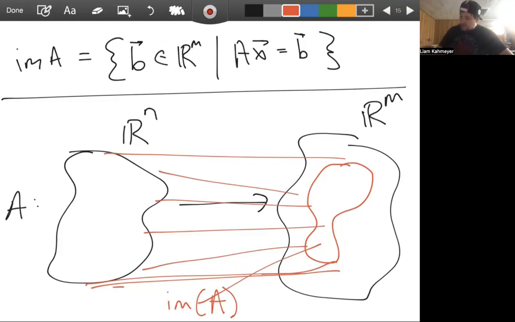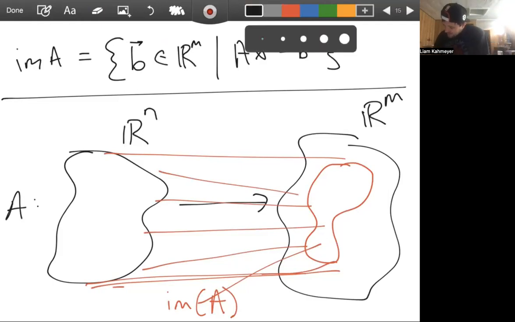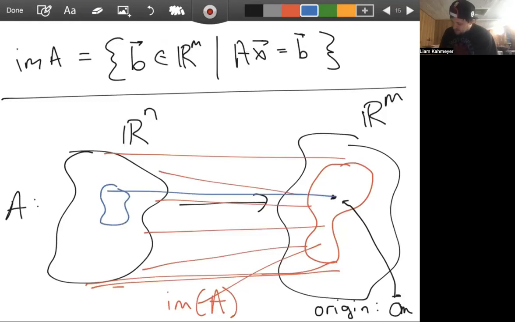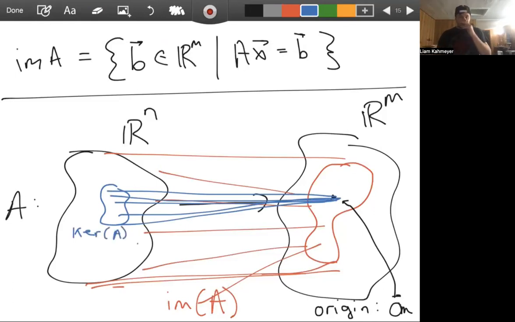But then what's the kernel? The kernel is, if you have in this image, you have the origin here. This point's going to be the origin, and the origin is the 0 vector, right? Well, the kernel is everything in the domain that gets sent precisely to the origin, right? And this would be the kernel of A. And so these are very, very important subspaces.